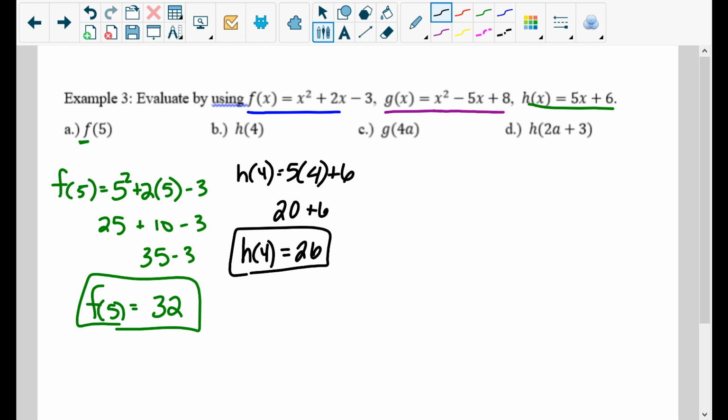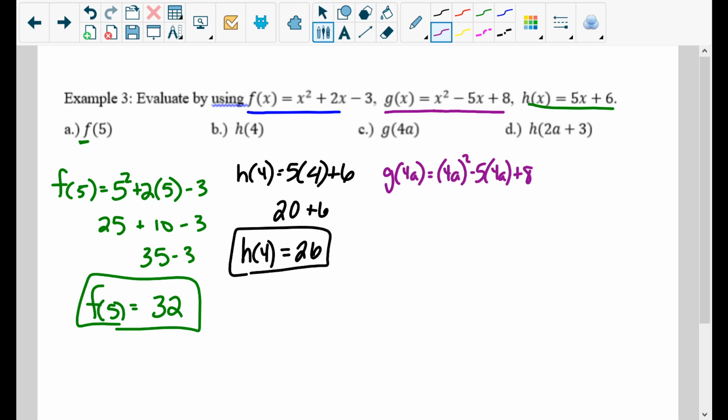Now, sometimes they give us variables in there. So here we have another example C, g of 4a. With the g function, we're going to plug in that 4a into our equation. So 4a squared minus 5 times 4a plus 8.